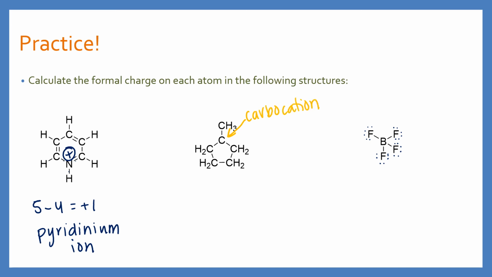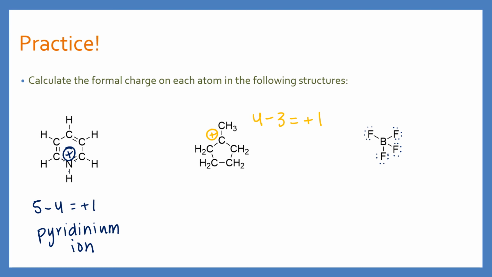And this is going to be a positively charged species, as the word cation implies. So let's figure out where that comes from. Carbon is supposed to come with 4 valence electrons. This carbon has 3 bonds around it and no lone pairs. This is a +1 charge.